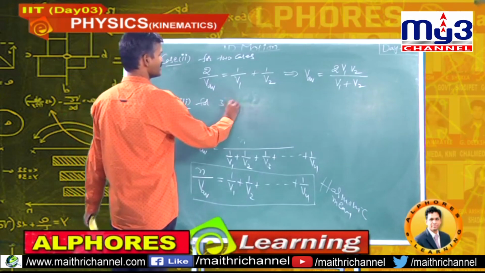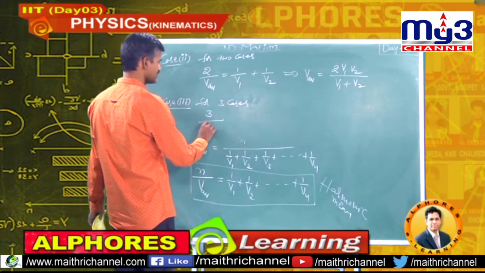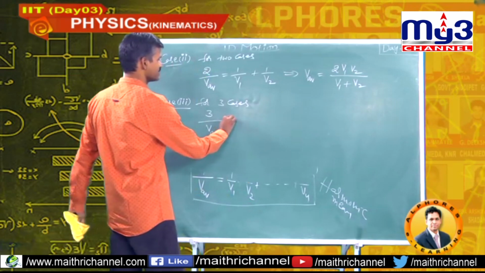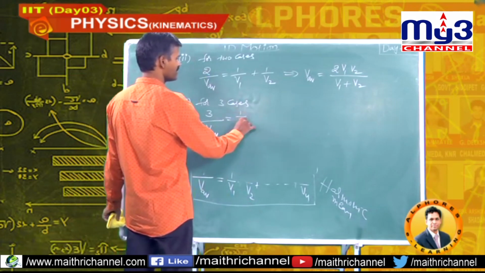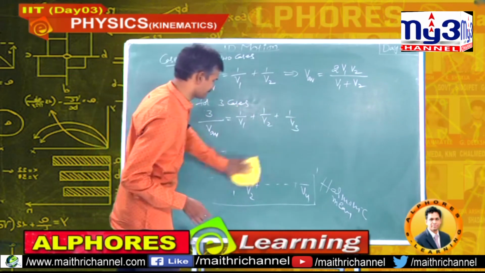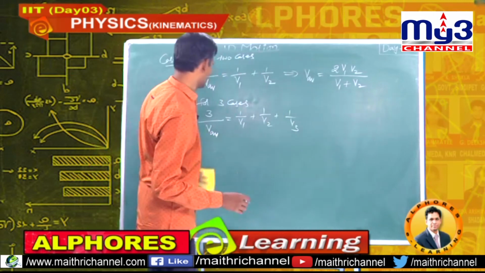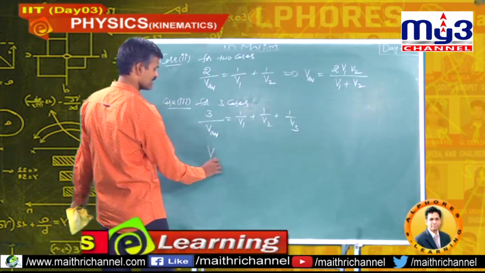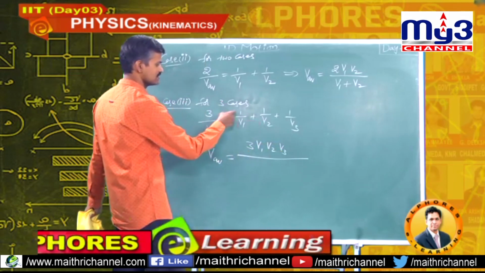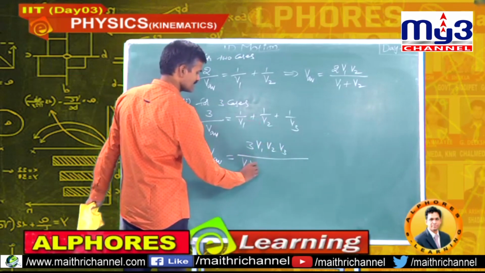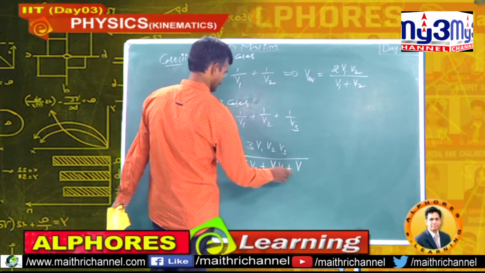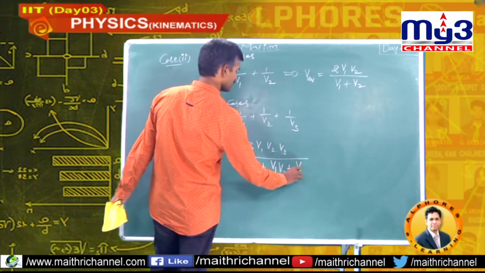For three cases, 3 by V average is equal to 1 by V1 plus 1 by V2 plus 1 by V3, or it can be written as V average is 3 V1 V2 V3 by V2 V3 plus V1 V3 plus V3 V2 V1.